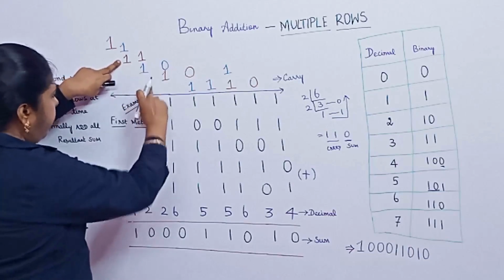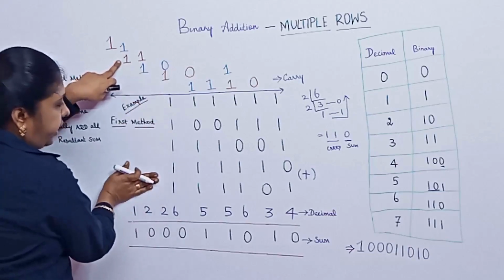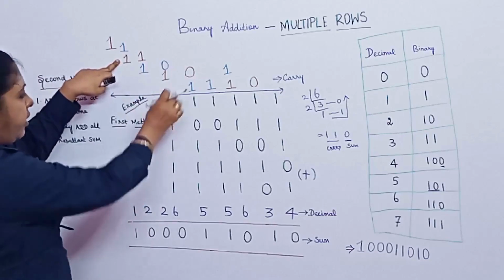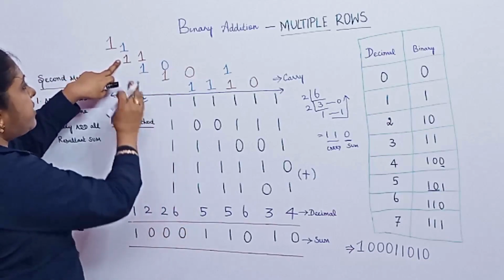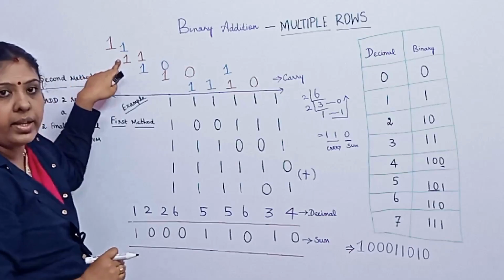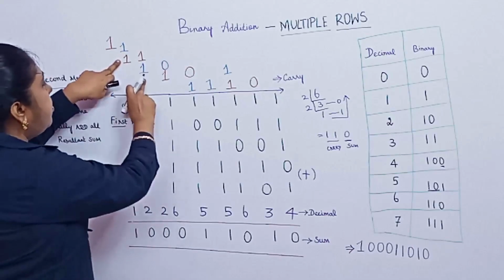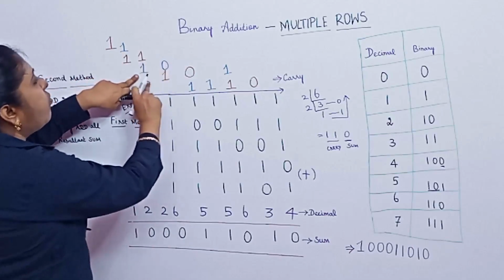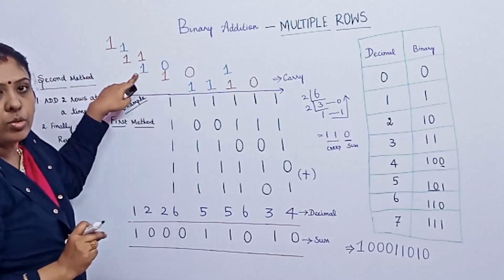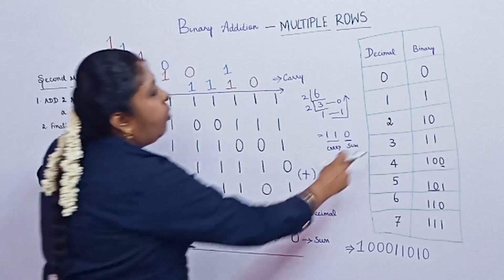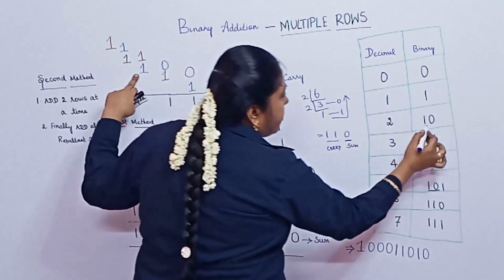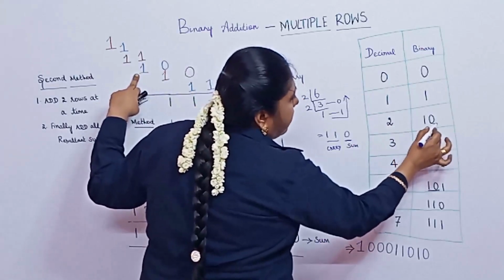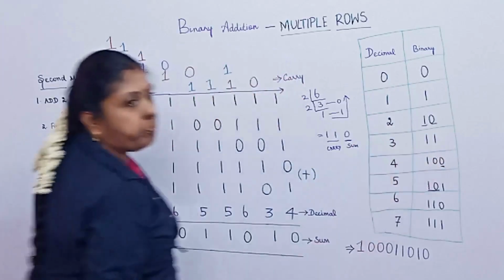Again we are not having any more columns here. The columns have been completed, but still we have to evaluate the carry bits. So the next column is 1 1, which represents 2. The value 2 is 10, with 0 as sum bit and 1 as carry bit.